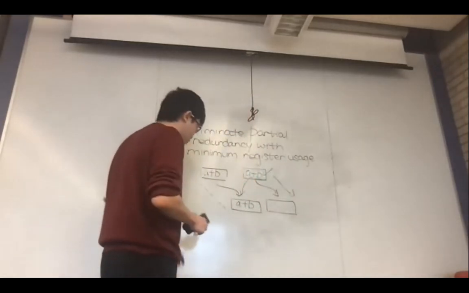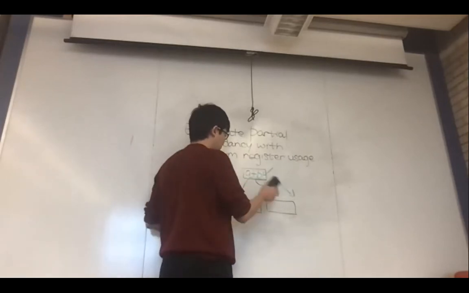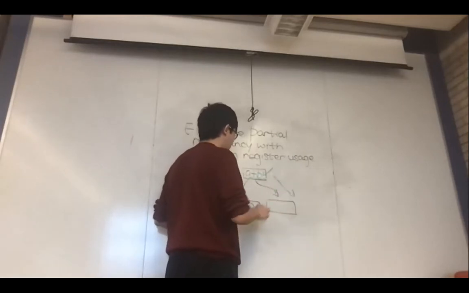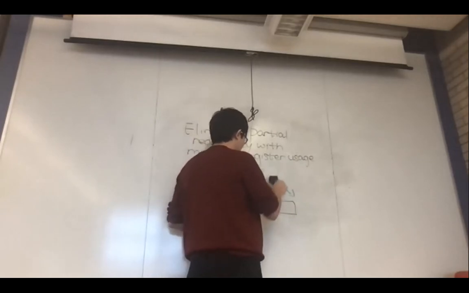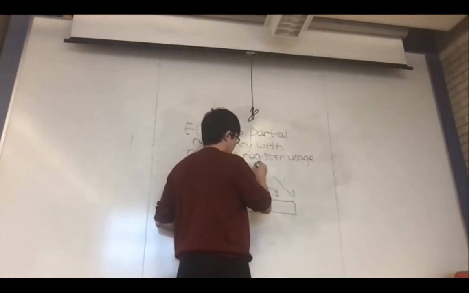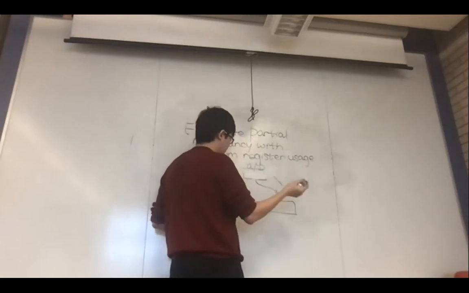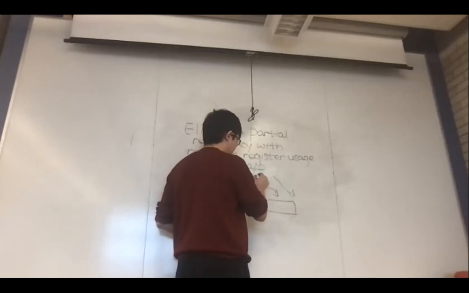And to make matters worse, assume that the expression is not a plus b here, but let's say the expression is something like a divided by b. And further assume that the condition we have here is something like b is equal to 0 or not.